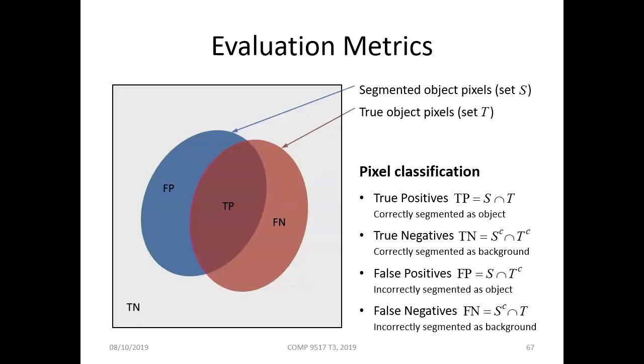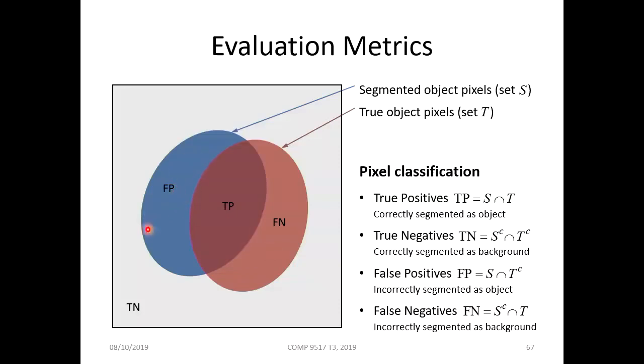But anyway, suppose we have the truth, and suppose we have the output of a segmentation method, then what we can easily classify each pixel as a true positive pixel, so it was correctly segmented or correctly labeled as object. Or you can have a true negative that was correctly labeled as background, or you can have these mixtures where you have, for example, false positives. They are labeled as object, but they should have been labeled as background.